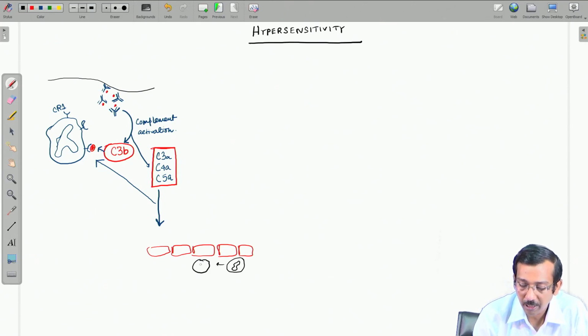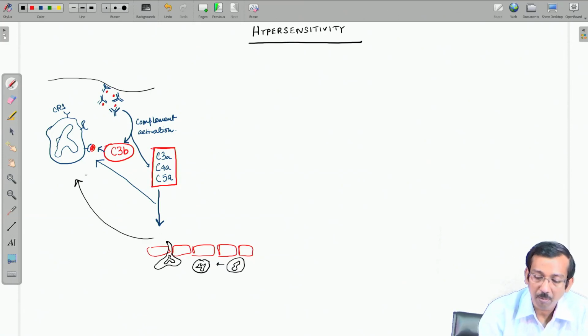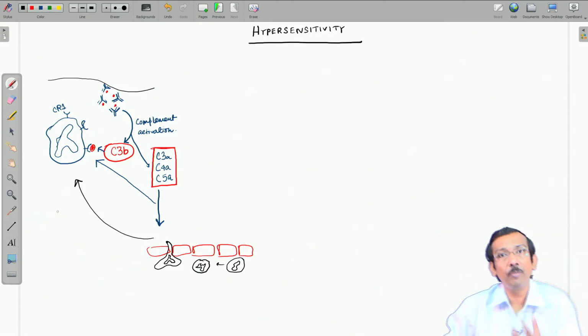Neutrophils can migrate from the blood into the site of action by the action of the complement cleavage products. So, they act as chemoattractants.